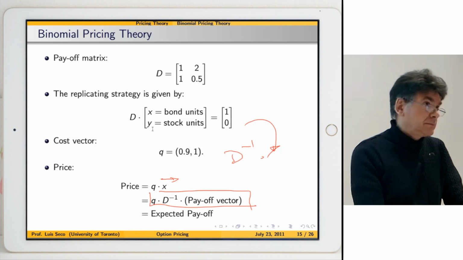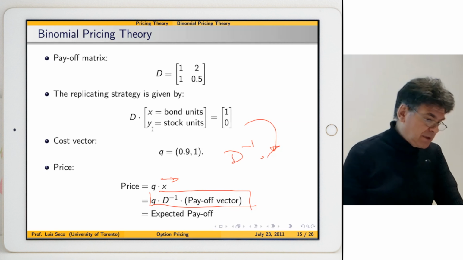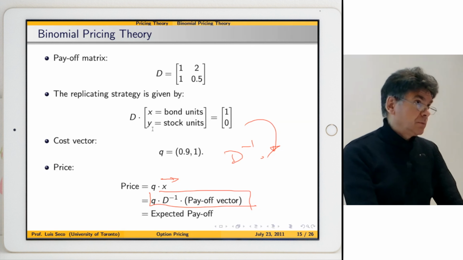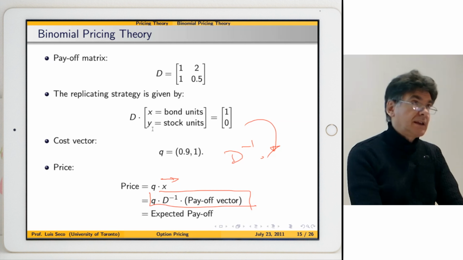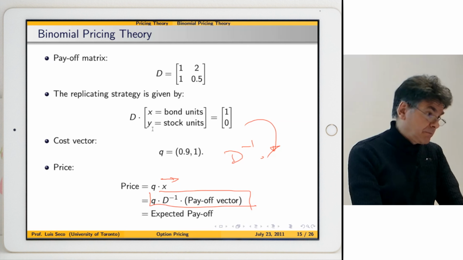That's the way to discount those values to today's dollars. And then I multiply by the cost vector, which is what will give me the expected discounted payoff.